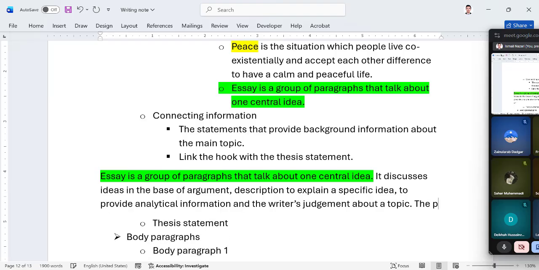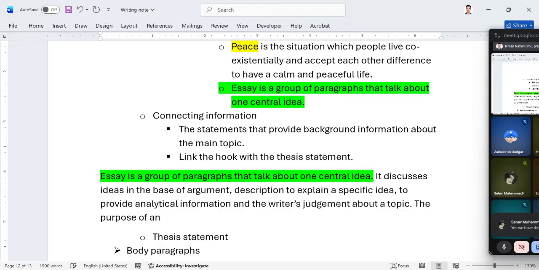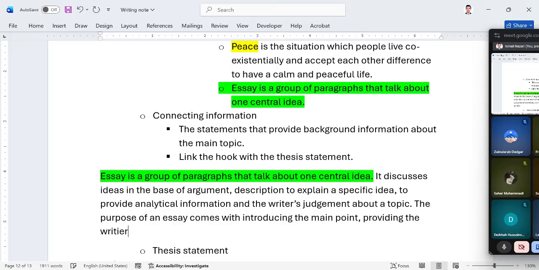The purpose, for example, if you say the purpose of an essay comes in with introducing the main point, providing the writer's opinion, and the final conclusion that one can achieve.